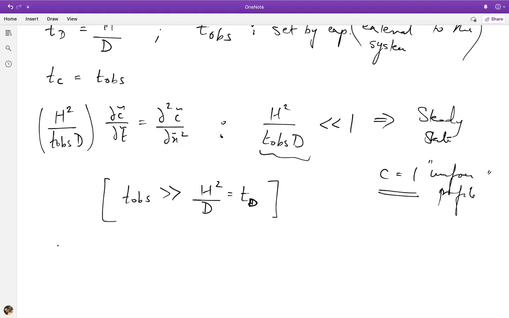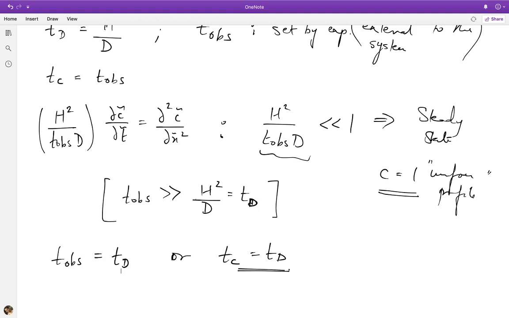Now let's consider a situation, the next stage, where this need not be small. Let's say that h square by t observation d is order 1. In other words, I'm interested in problems where the observation time is equal to the diffusion time, like saying that I scale my system with the diffusion time.